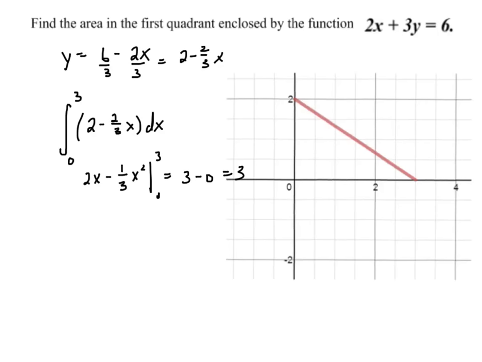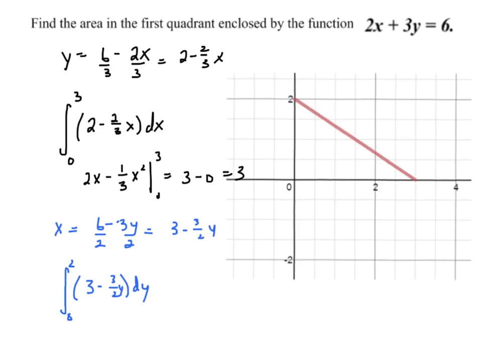The other way I could do this, I could solve for x in the original equation, and then I of course would have 6 minus 3y, and I would have divided everything by 2, so I would have 3 minus 3/2 y. Well, now if I integrate that, I've got dy, so y is the axis I'm interested in, so now I'm integrating from 0 to 2.